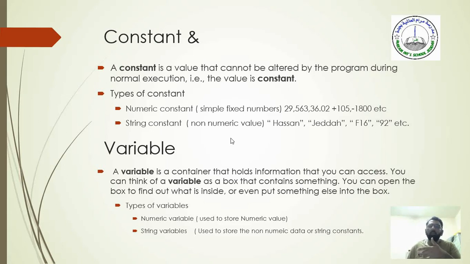Variables are memory locations where the value can be changed during the execution of the program. There are 2 types of variables: numeric variables, which store numeric values, and string variables, which store non-numeric data or string constants.